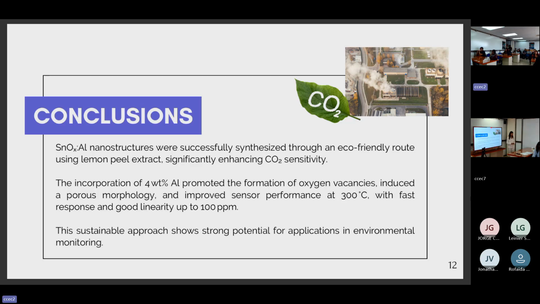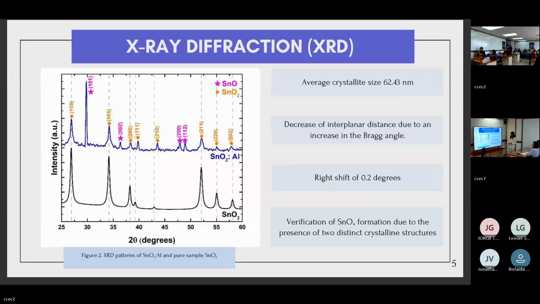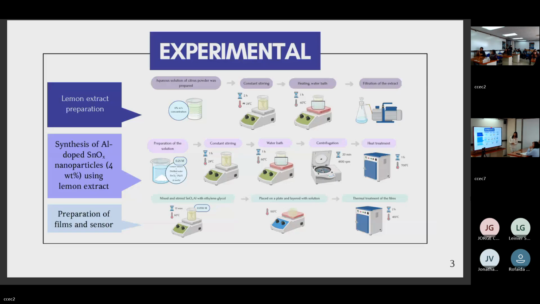We have time for questions. Yes, please. Thank you so much for your presentation. It was very nice. Can you please go to slide number 3? Here you are using different kinds of ratios, right? Like a 6% ratio of your lemon extract or your citrus extract.